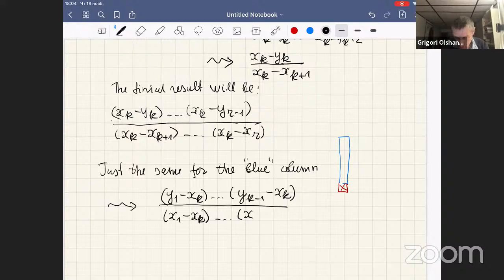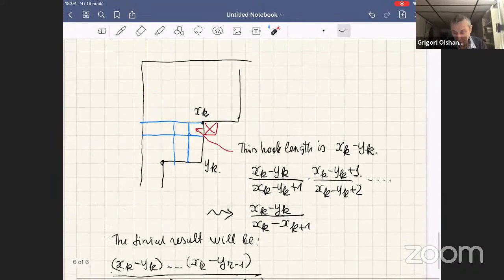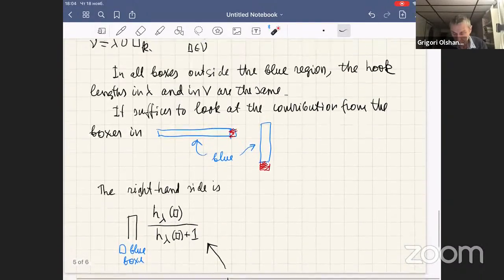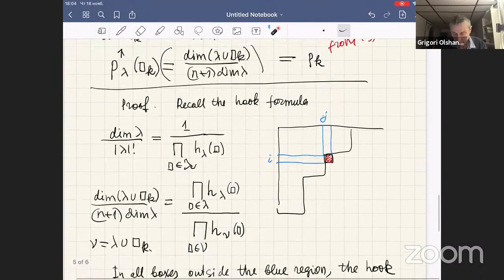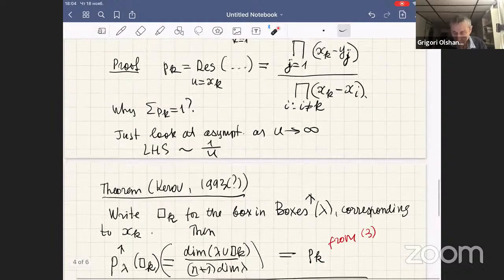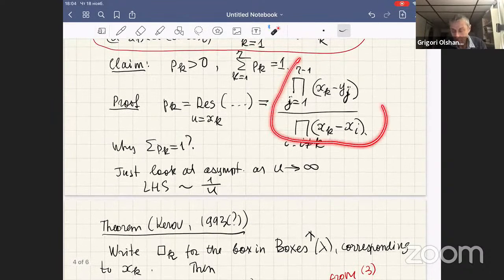And again, you have the same number of factors here and here. So we combine these two expressions and we get exactly what we want, this. And this also shows that this quantity is indeed positive.